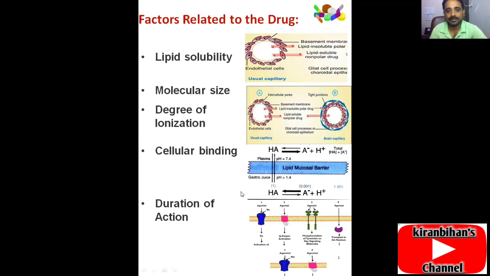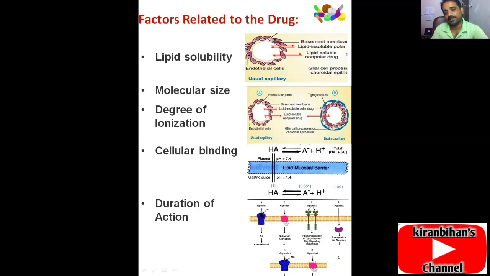Cellular binding refers to the cells, and cells contain certain proteins, lipids, and other molecules. I have given an example here about the protein molecules, like these molecules blue, pink, and green. The cartoons represent the cellular structures.